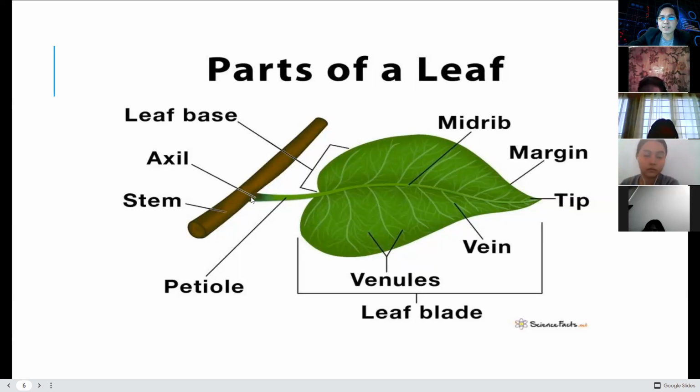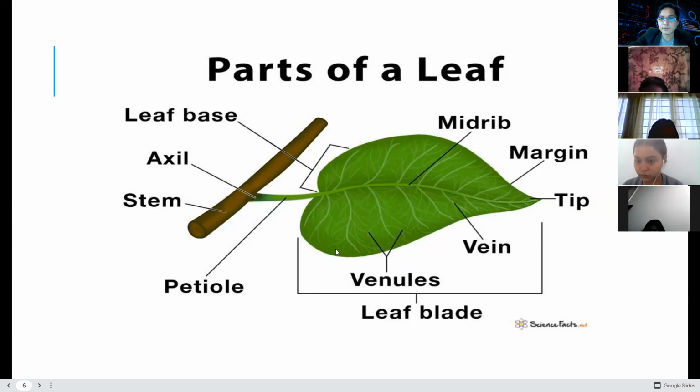The axil, the node, is here, the one that connects the petiole to the stem. The midrib is in the middle. Veins are the larger ones. Venules are the smaller ones. You can actually see it there. And this is the blade.